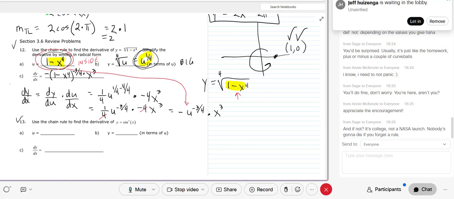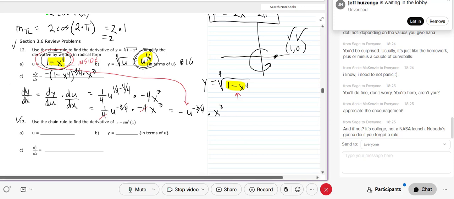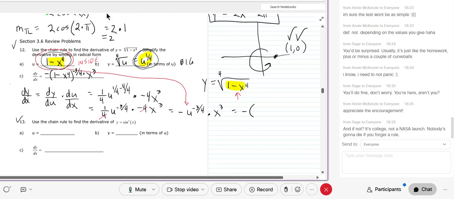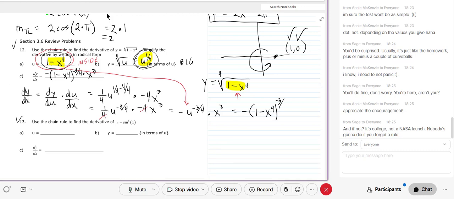Okay, that's fine if you write the answer like that. I didn't say in my directions, well, no, I did say write in radical form. So you would want to write this as negative x to the third over 1 minus x to the fourth to the positive 3/4.